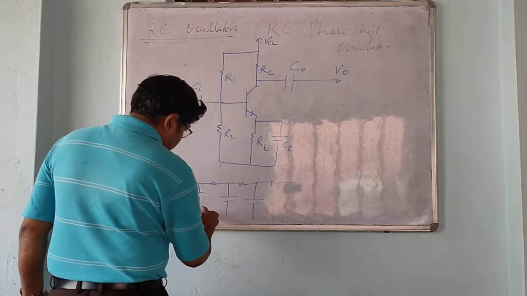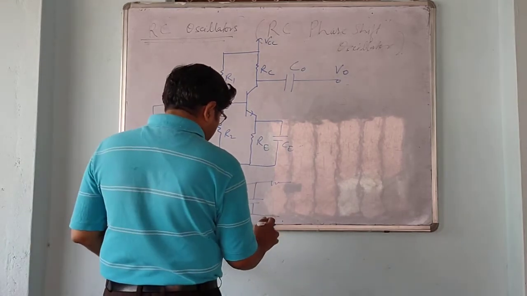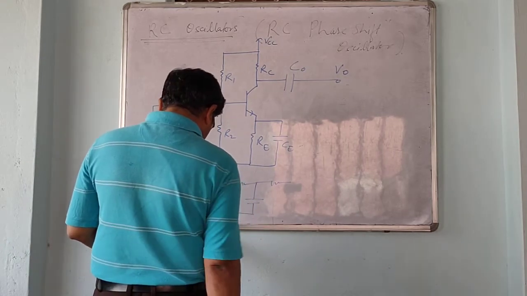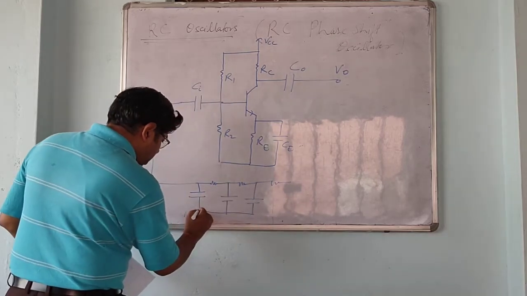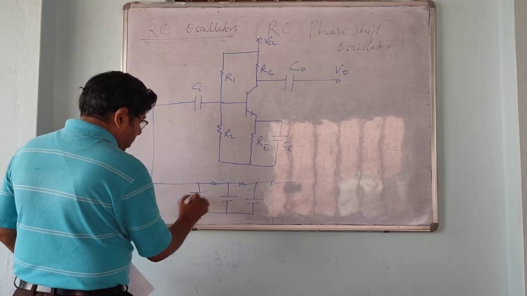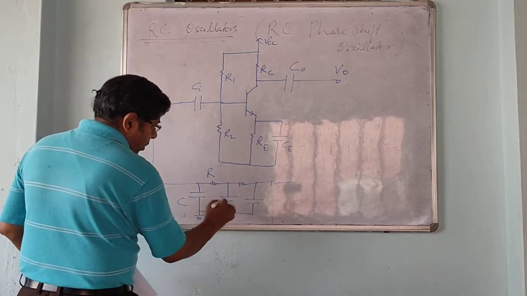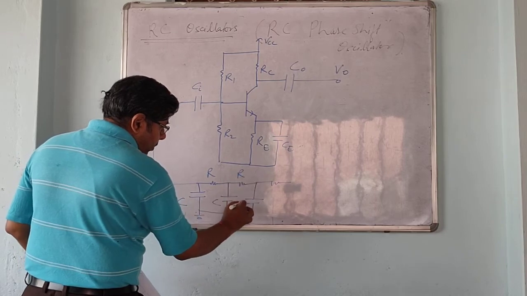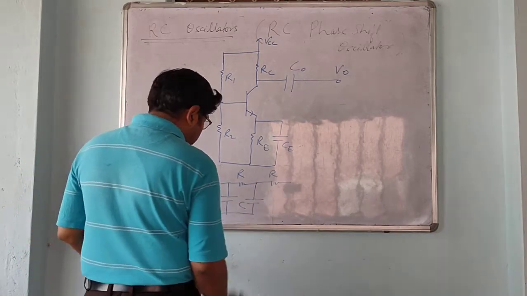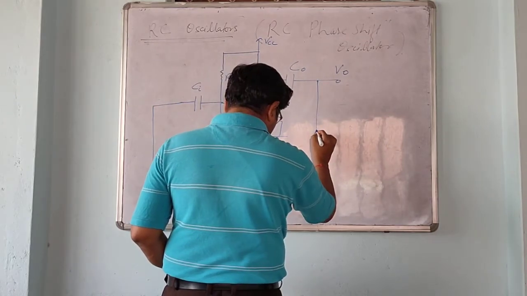So this is a phase shifter. This is grounded. This is a combination of RC network, and this is connected to output.